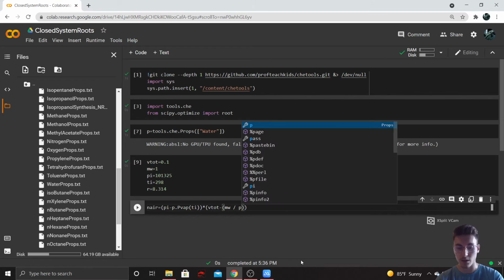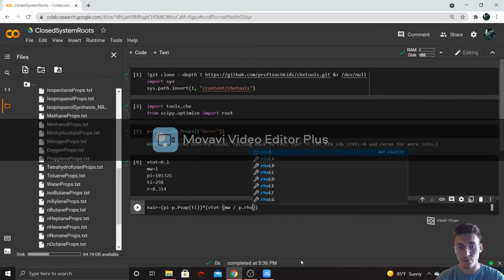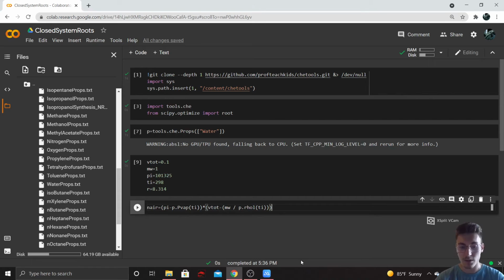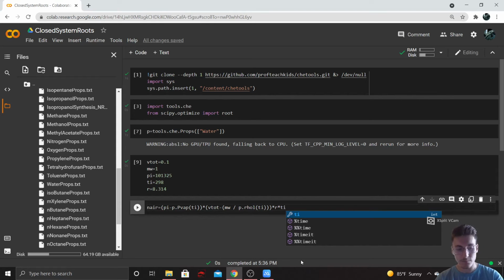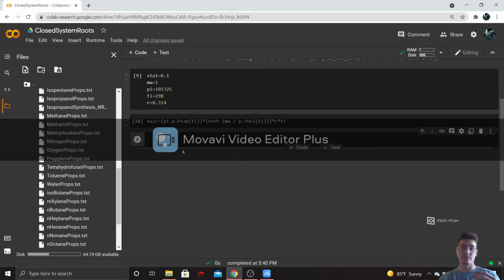So if we do P dot, and densities are given by the letter rho, so rho liquid at the initial temperature, so TI, and then that should all be closed off, and then times our R value, and then times our initial temperature value. So then if we do that, now we have the number of moles of air in our code.